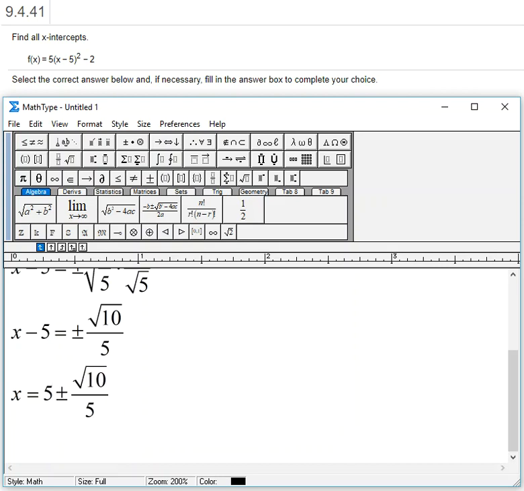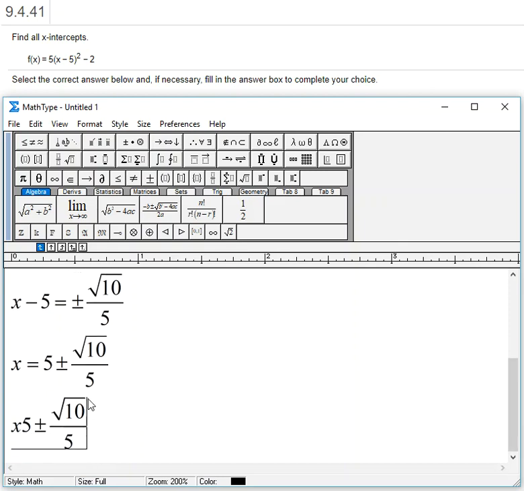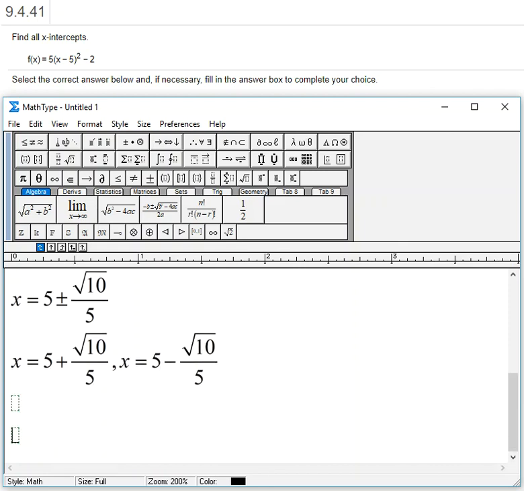Now, that's the answer, and that's usually how I would write it: x equals 5 plus the square root of 10 over 5, comma, x equals 5 minus the square root of 10 over 5. That's how I would usually leave it.